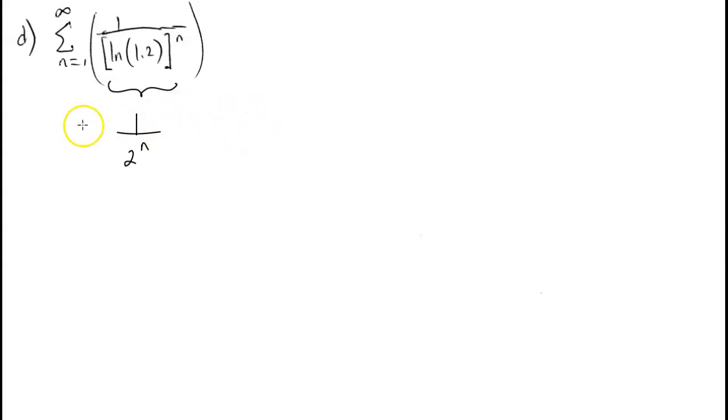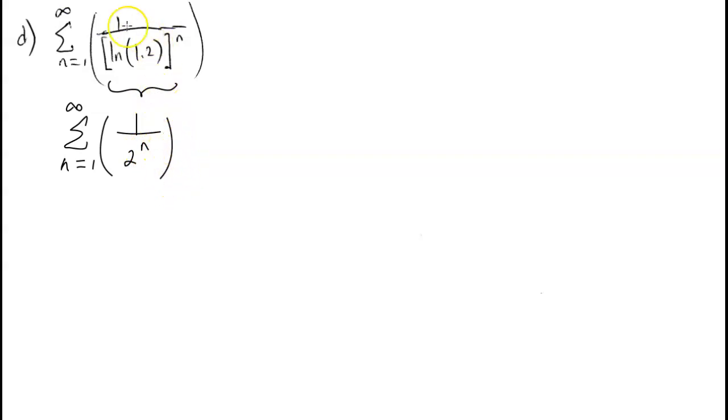And so if we were looking at a corresponding series that looked like this, and we wanted to know whether it converged or not, the way that this looks would trigger us to say, well, hey, we have something raised to a power here.